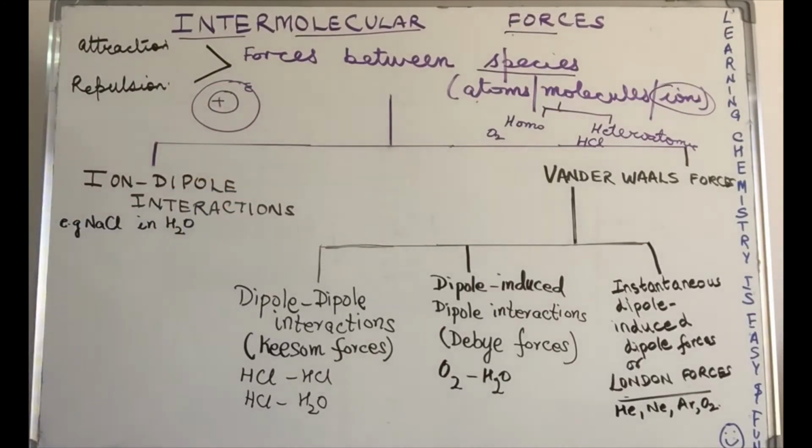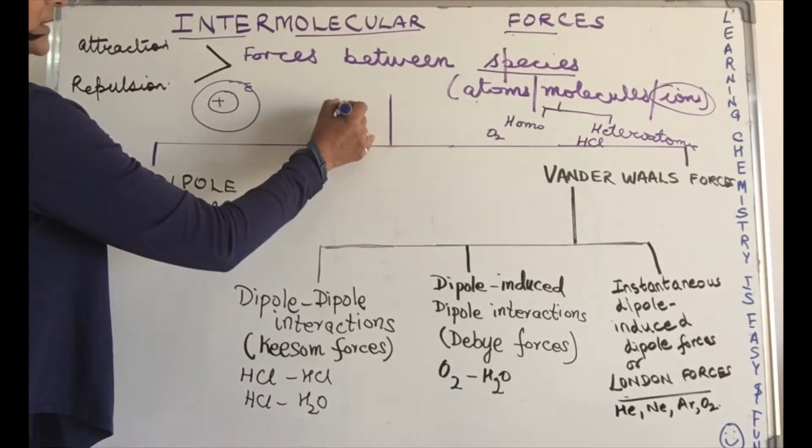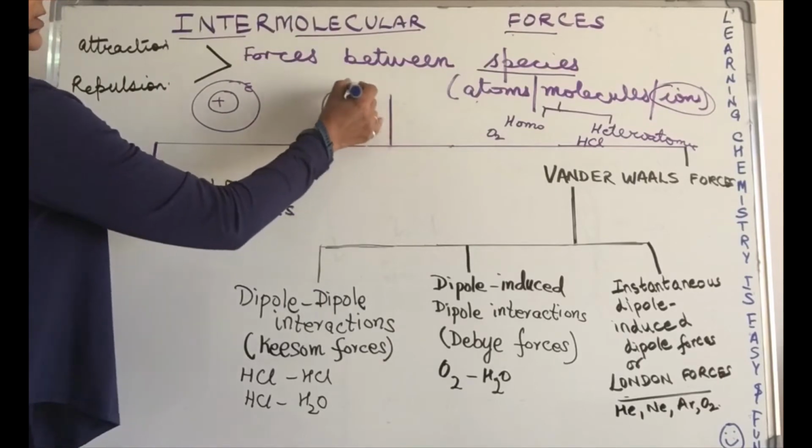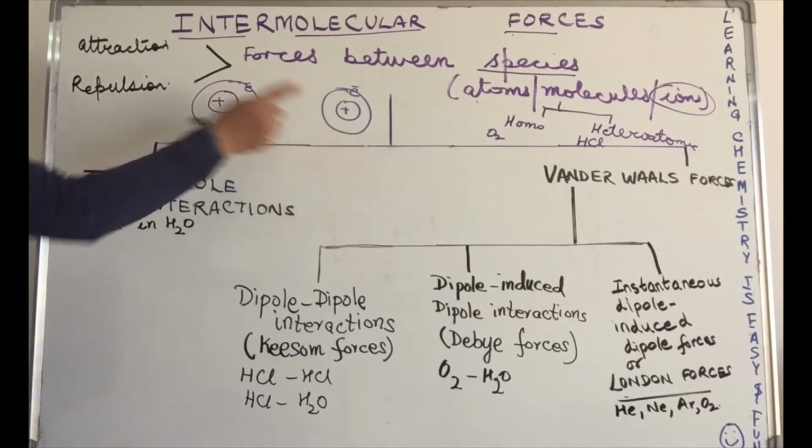Same way, for the other atom, we have the nucleus which is positive and the electrons which are present outside. I know the electrons are present in the orbitals and they have different shapes, but for the sake of simplicity, to make our understanding more easy, we are representing them by simple circle diagrams.